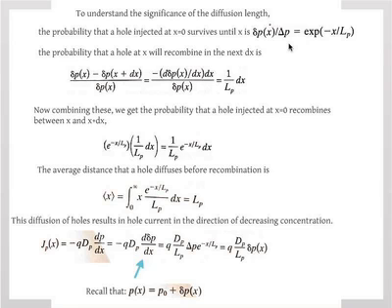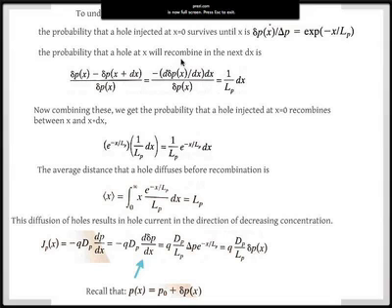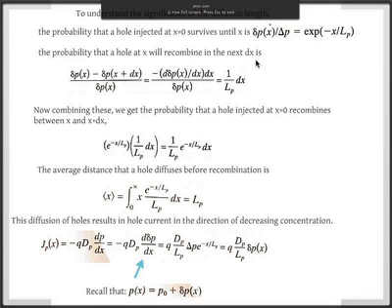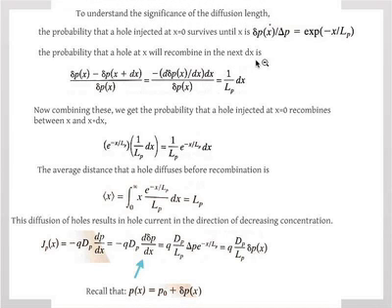The probability that a hole which is injected here reaches this distance is just that, right? The probability would be just delta p divided by the capital delta. How many holes reached there divided by how many started at the beginning. Very straightforward. So the probability that a hole at x will recombine within the next delta x.